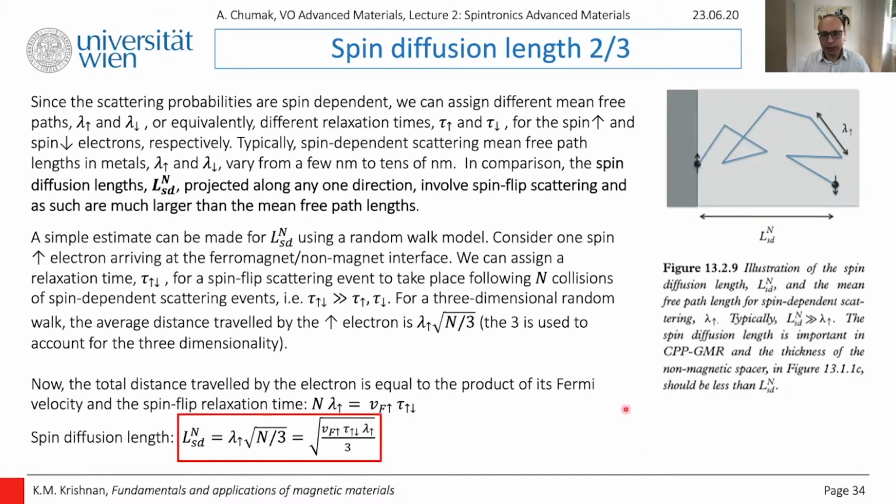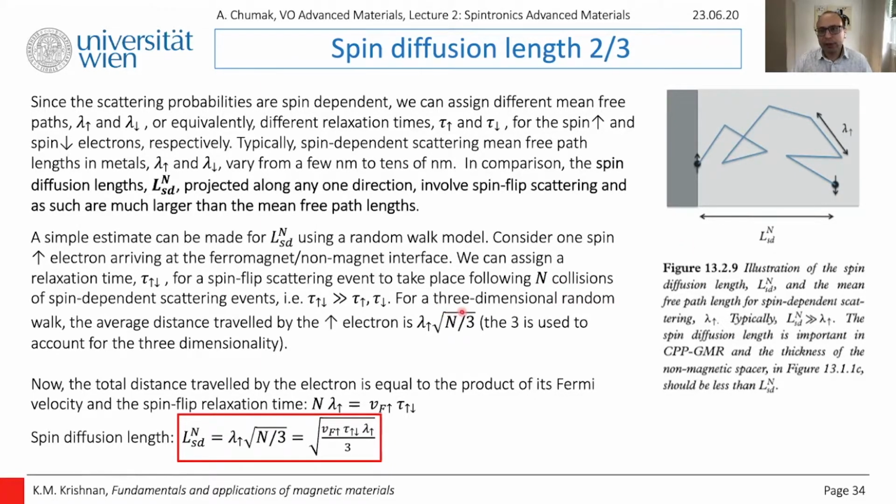How to calculate it? First, we need to introduce this parameter n, which is the number of collisions of the electron before it changes its spin. So in this case, it means 1, 2, 3, 4, 5, 6, 7, 8. So n is equal to 8. After 8 scattering events, the spin changed its polarization.